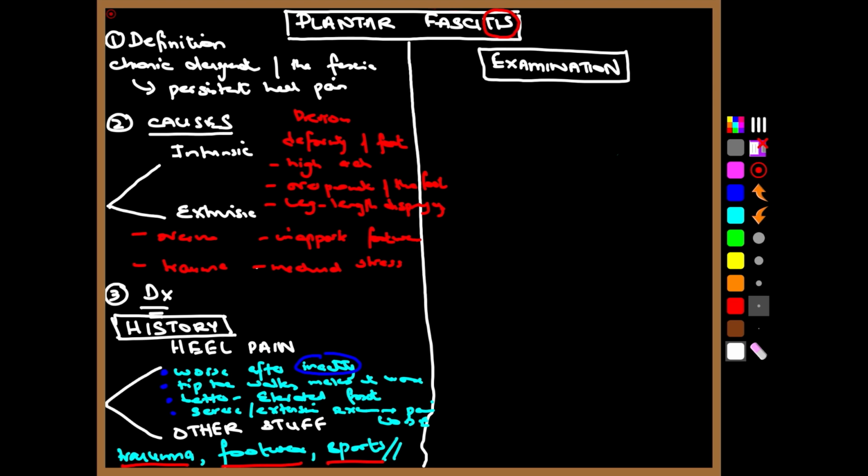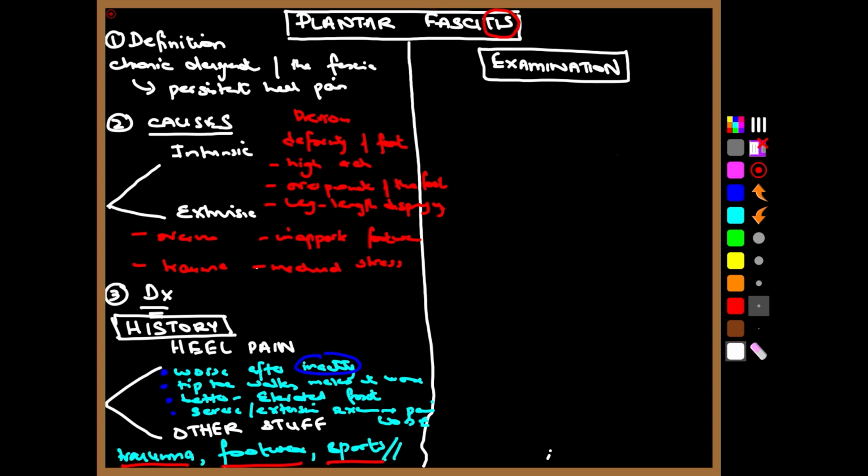If we're a bit confused with the history, or if we've got the diagnosis and we'd want the examination to put forwards the answer, or to confirm the diagnosis for ourselves, then this is where we want to go forwards to. When we do the examination, because like I've mentioned, the history itself would be very particular for plantar fasciitis.